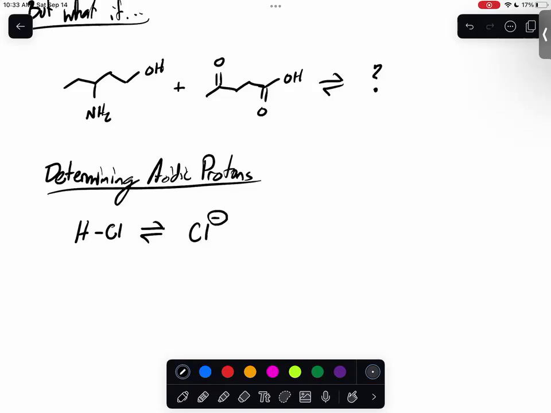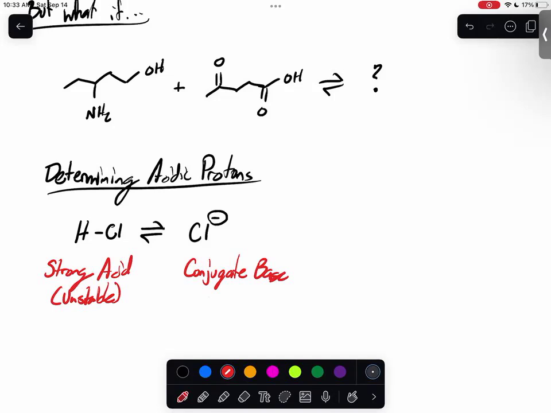And we know from last lecture when we were talking about something being a strong acid, we said that it was inherently unstable, whereas a conjugate base of a strong acid is weak in terms of being a base, and thus it is stable, right?